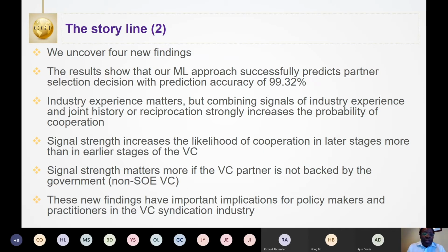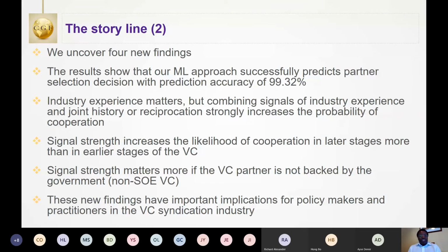But secondly, we uncover results which are able to shed a lot of light on some of the controversies that have been in the literature. For example, the role of industry experience, and also the fact that there has to be some amount of reciprocation between the lead venture capital firm and the partner firms.